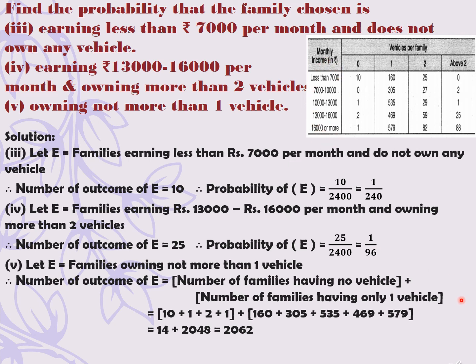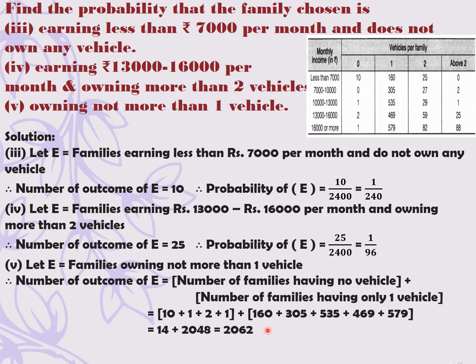So the families having no vehicle are these. So 10 plus 1 plus 2 plus 1. All these are having no cars, and now the families having 1 car are 160 plus 305 plus 535 plus 469 plus 579. So we'll take the sum of all these families and the answer comes out to be 2062.